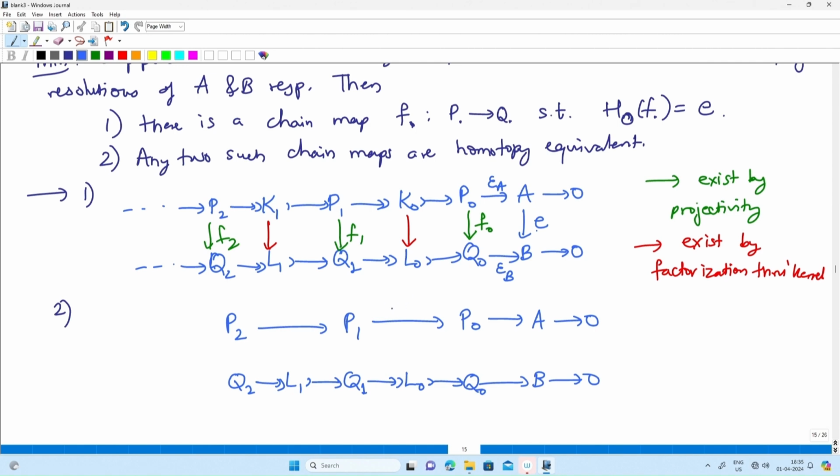Then this one we are going to call P1, this is epsilon A, this is epsilon B, this is P2. Yeah, this whole thing is little Q1, this whole thing is Q2. Okay. Now vertically we are given P0 to Q0, there are two maps, little f0 and little g0. I'm not going to write both of them, but instead I will simply write f0 minus g0.